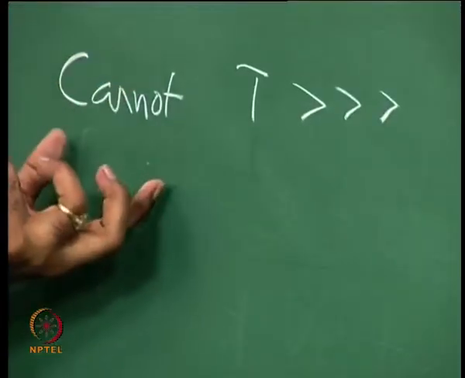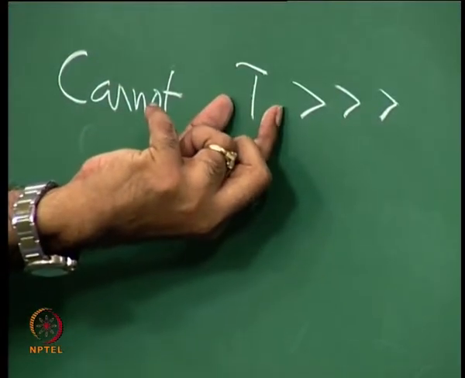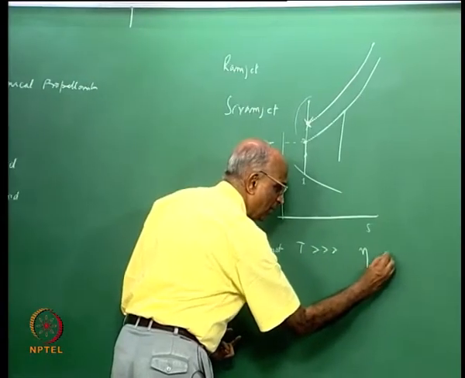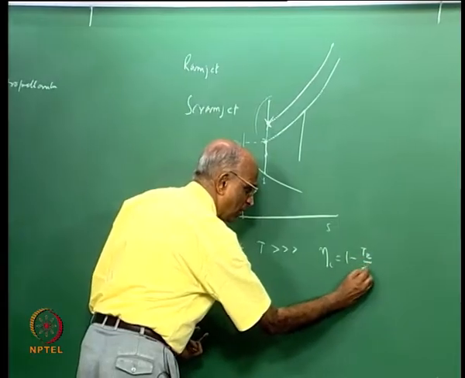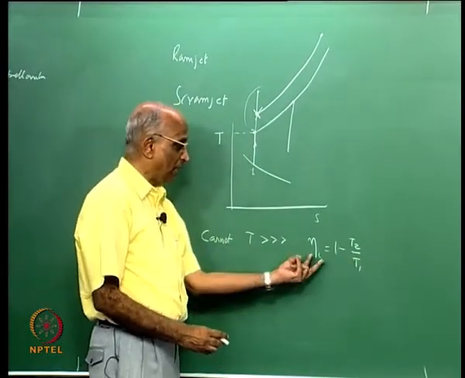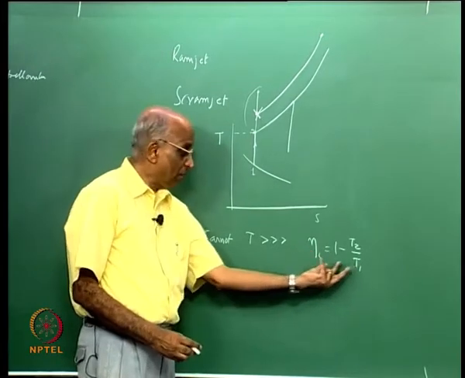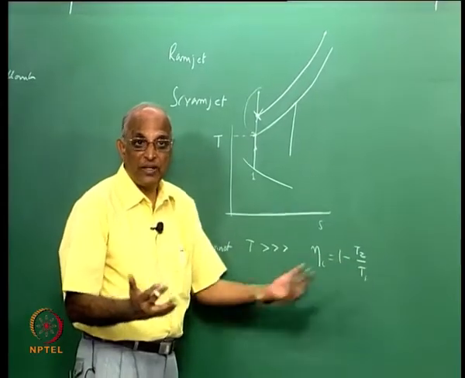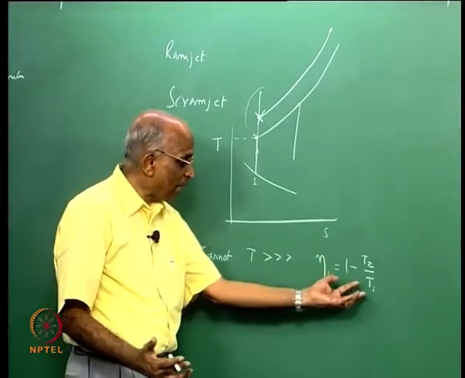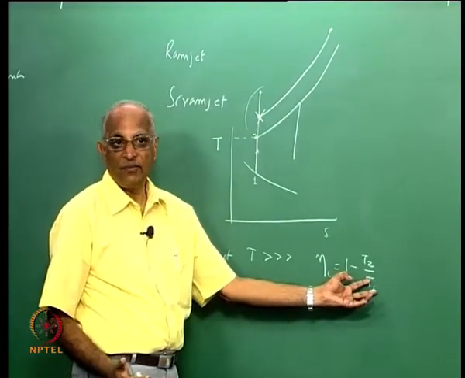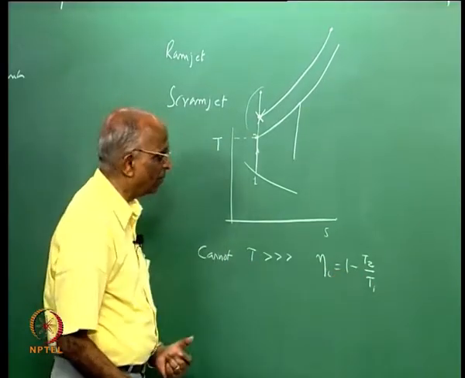For any engine, if my highest temperature is higher, I get a higher efficiency, because the efficiency of a Carnot engine is equal to 1 minus low temperature divided by the high temperature. If I can make the high temperature infinity, I get a very high value. But I cannot achieve these temperatures, because gas begins to dissociate. That means I will be using my chemical very poorly if I go to a high value of temperature. Let us keep this in mind.